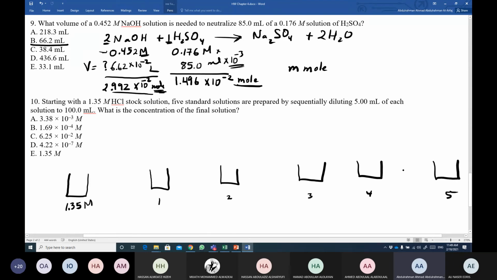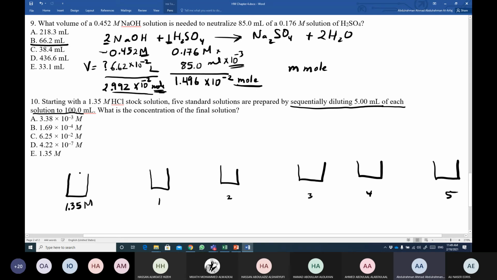How am I going to prepare it? By sequentially diluting 5 milliliter of each solution to 100. How can I dilute 5 to 100?